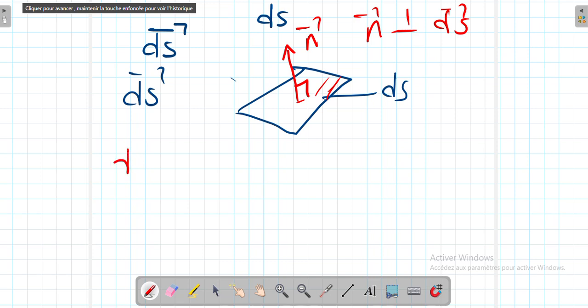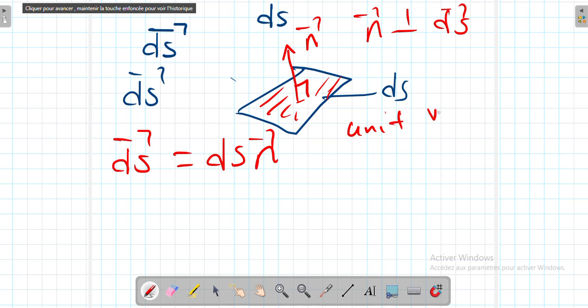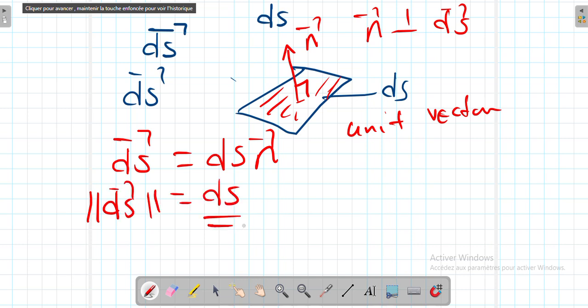So the notation ds is used to represent the surface magnitude and the normal vector to it. This normal vector has to be a unit vector, so that the magnitude of ds will be just ds.